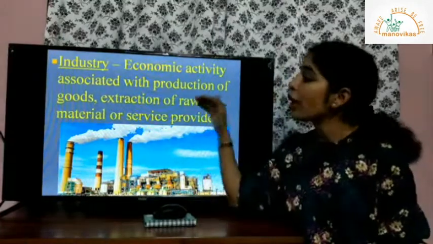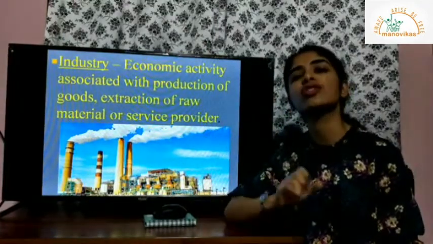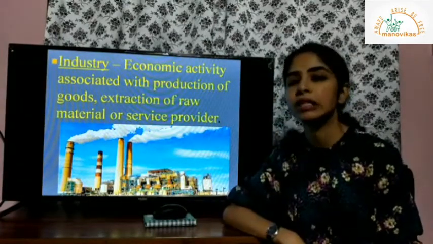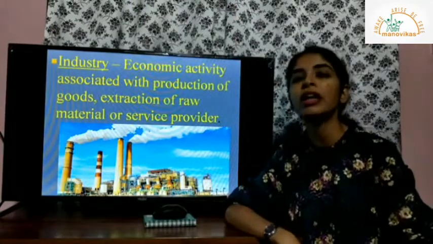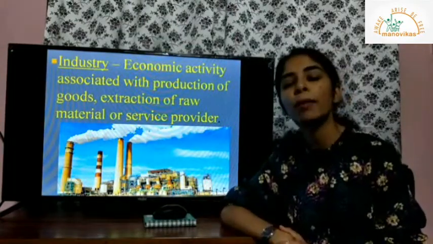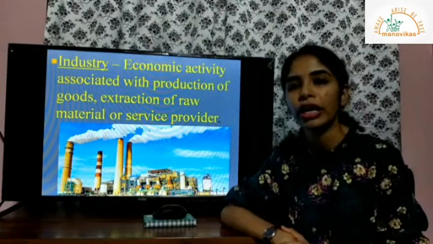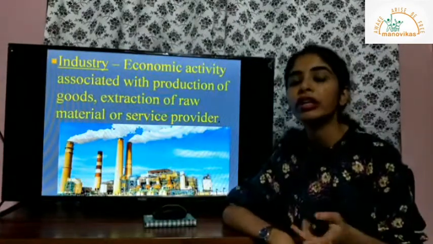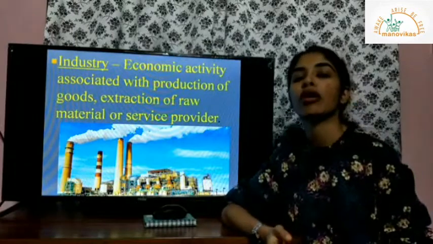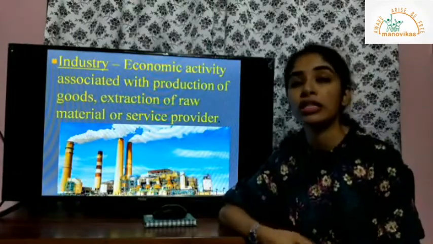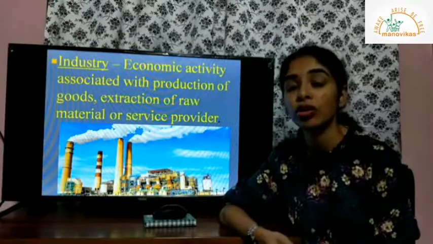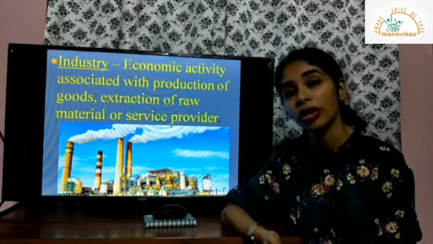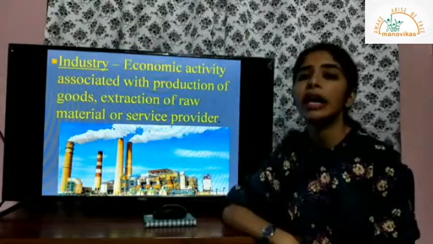Then extraction of raw material is also an industry in itself. For example, agriculture or farming is an industry. Production of rice, wheat, cotton, sugarcane, and different types of oil seeds like mustard and castor seeds, that's also an industry.